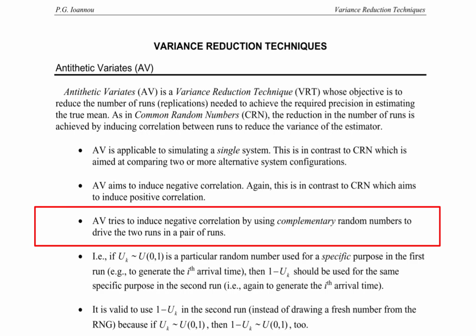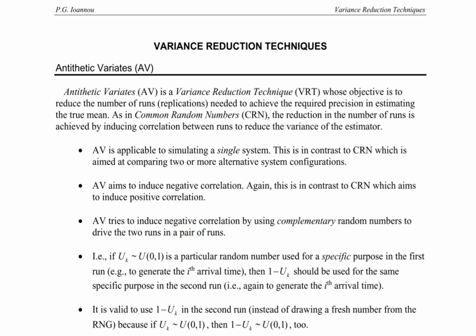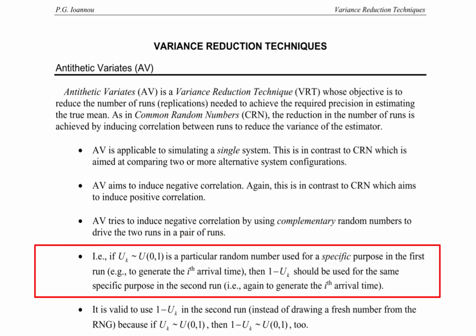Antithetic variates tries to induce a negative correlation by using complementary random numbers to drive the two runs in a pair of simulation runs. For example, if U is a uniformly distributed random variable, from which we sample particular random numbers used for a specific purpose in the first run, that is, to generate the ith arrival time, then 1 minus U should be used for the same specific purpose in the second run, that is, again, to generate the ith arrival time.